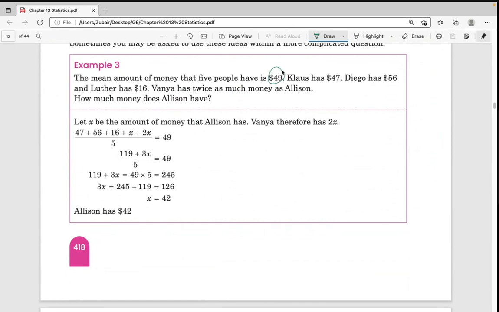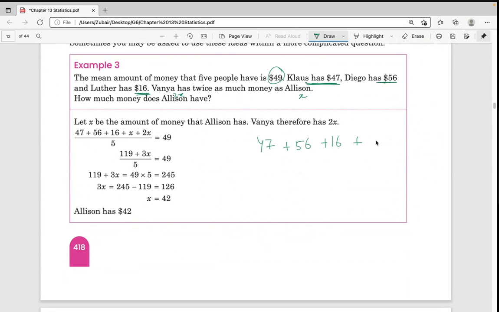So mean is given, first figure, second figure, third figure, and fourth and fifth are missing. Vinaya has twice as many as Elson. If Elson has x, Vinaya would be 2x. So 47 is the first amount, 56 is the second amount, 16 is the third amount.